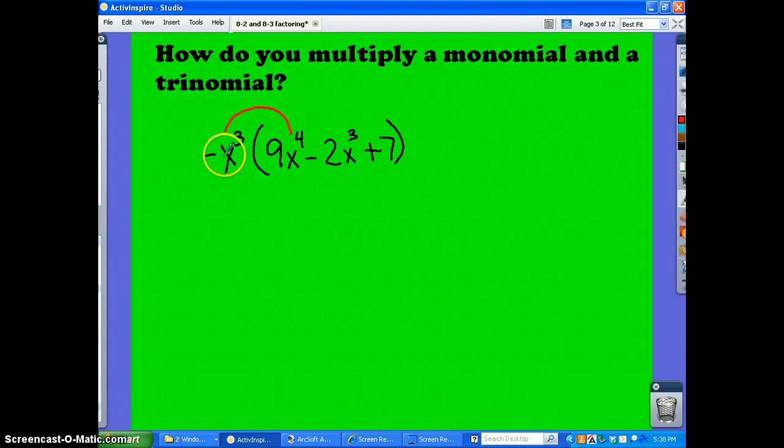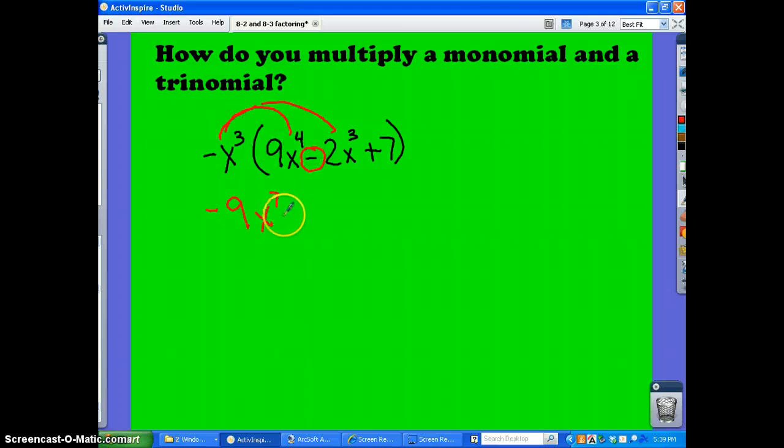Here's the first thing we do: just distribute. Negative x cubed times 9x to the fourth. That's like negative 1 times 9, so it'd be negative 9x. Now remember, when we multiply, we add those exponents: negative 9x to the seventh. Next one, negative x cubed times negative 2x cubed.